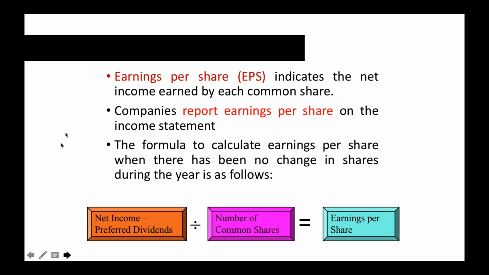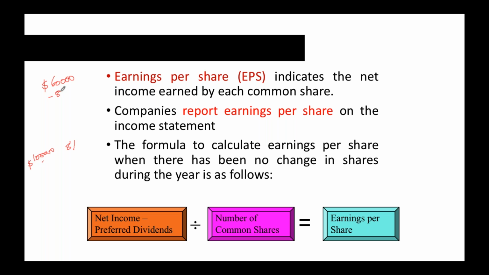Now in my example, I'm giving you an example where preference shareholders are there in the company and also common shareholders. Say we have $60,000 net profit. We have preference shareholders, say $100,000 worth of preference shares at the rate of 8%.